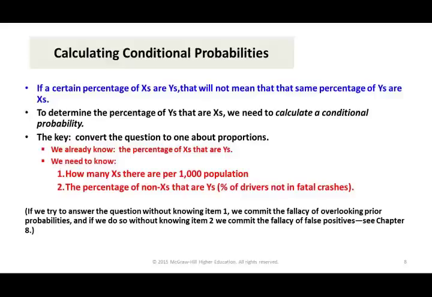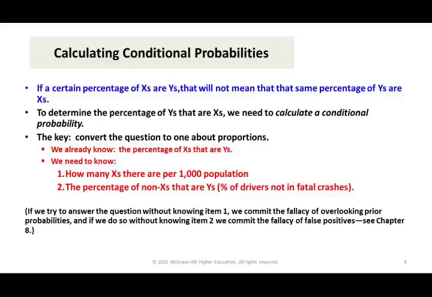If I know that 40% of drivers in fatal car crashes are under 26, one of the interesting things to ask is, yeah, but what percentage of the people as a whole are not in fatal car crashes? What percent of drivers are not in a fatal car crash? A big number of those are going to be people under 26 years old. That's kind of what's skewing our data here, by the way.